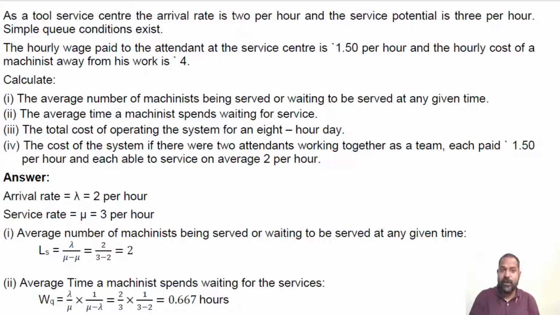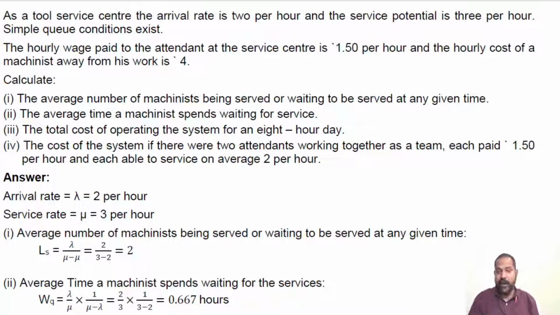So can I say, when you ask me the total cost of operating in an 8-hour day, you have given me 2 costs. 1, the cost of the person who is attending to everyone, and the cost of the machinist being away from his job. These are the 2 people whose costing I have to consider. And what are the costings? The cost of attendant is rupees 1.5.